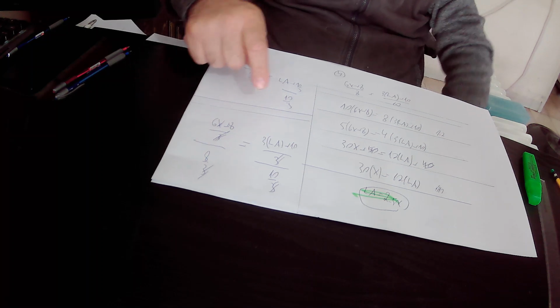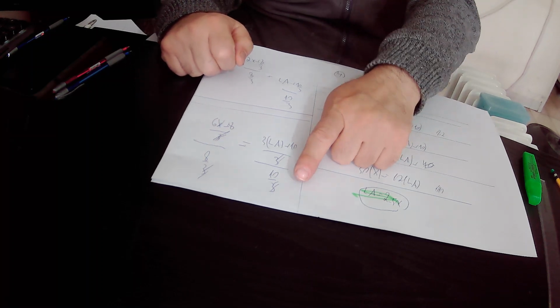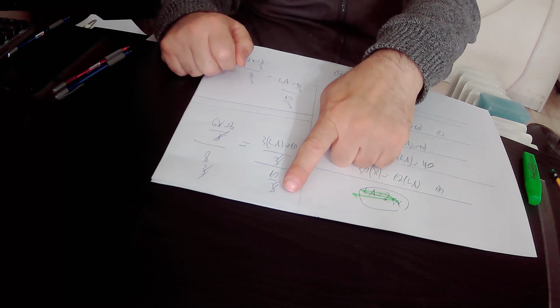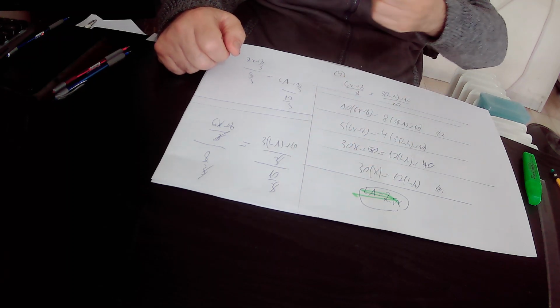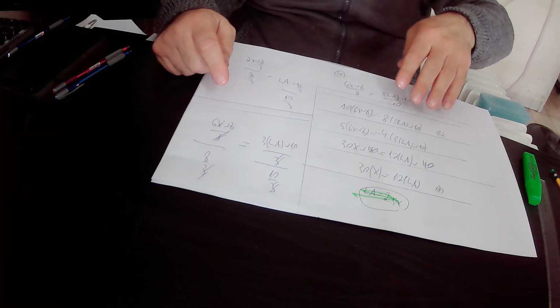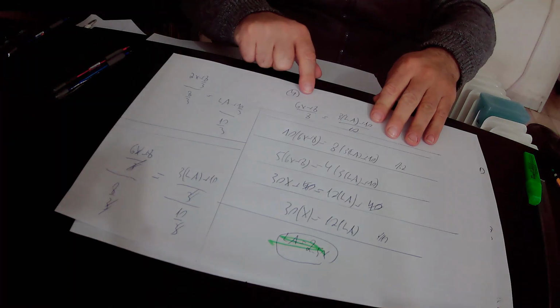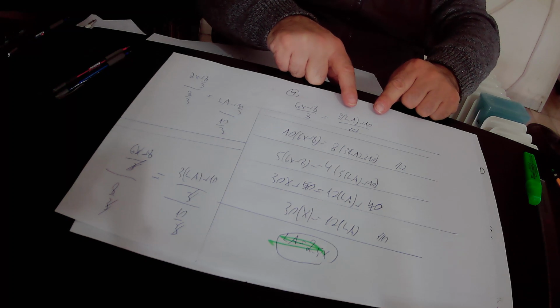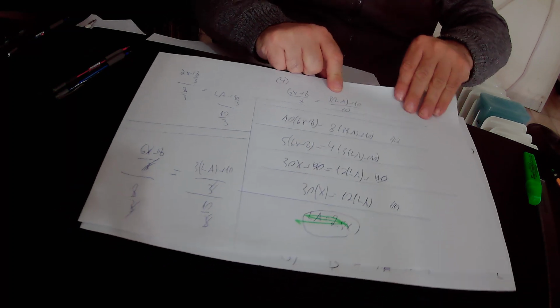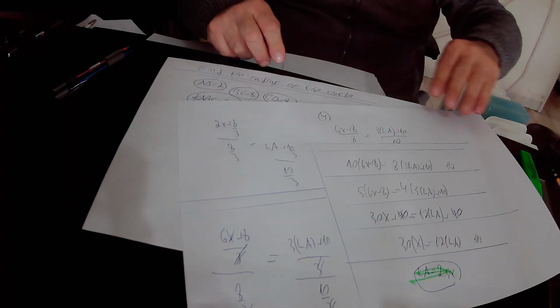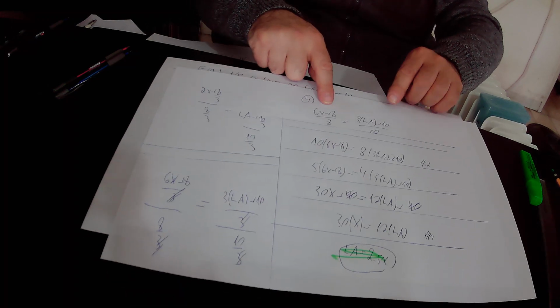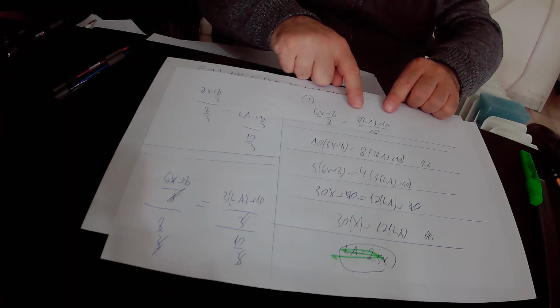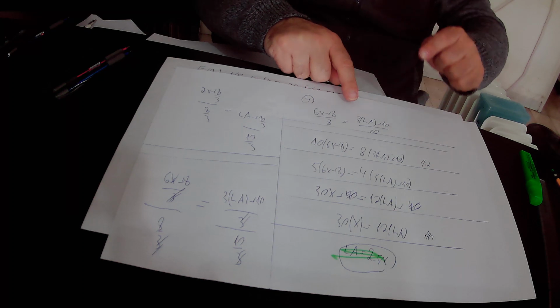On the other side of the equation we have 3 in the numerator and 3 in the denominator, so 3 also will get cancelled. After we cancel 3 on both sides of the equation, we are left with (6x plus 8) over 8 equals (3LA plus 10) over 10.